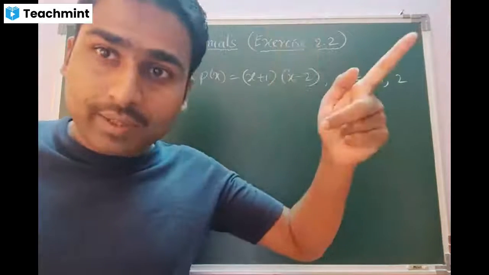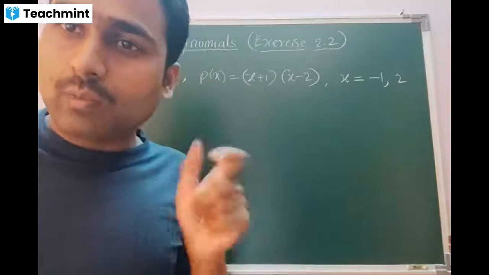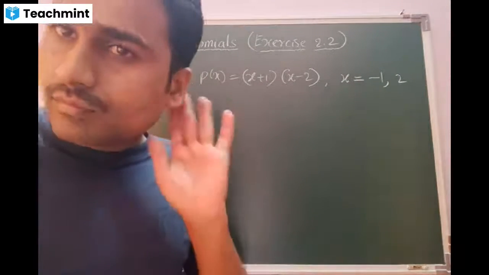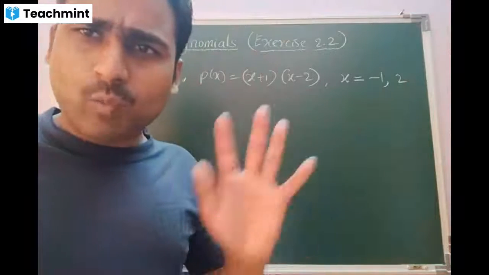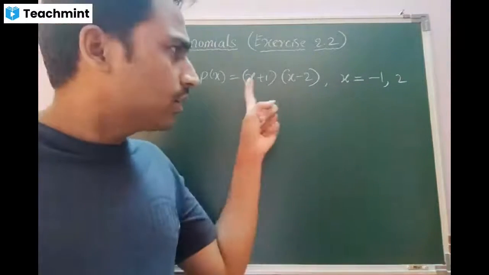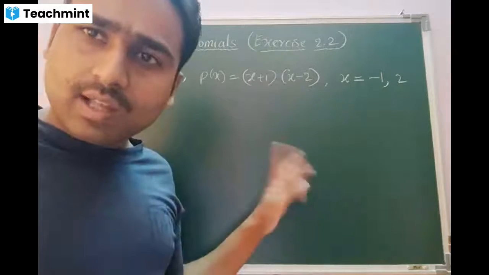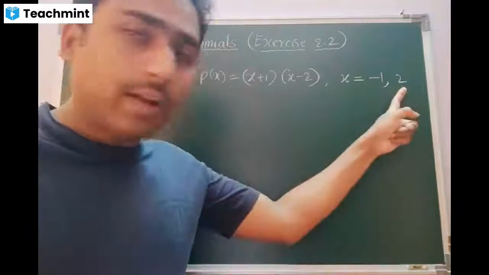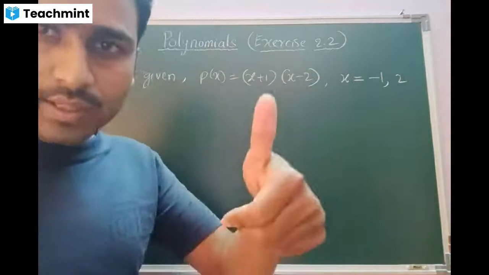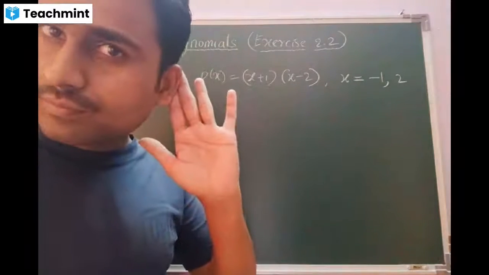If you see earlier, beta, they gave only one value for the variable, correct? Yes, sir. It doesn't matter how many values they are talking about. Our work: get this minus 1 here, solve it, Zindabad, Murdabad. Get this value, put it here, solve it, Zindabad, Murdabad. Clear, beta? Yes, sir.